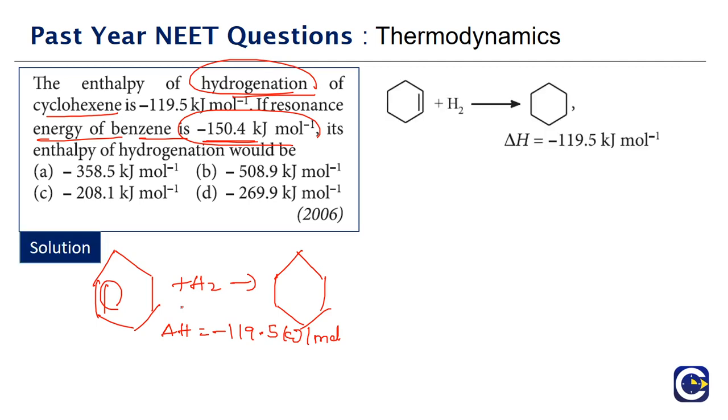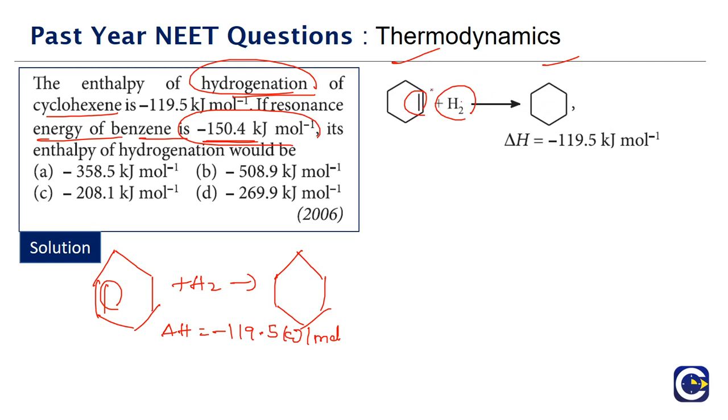So first, look at the hydrogenation of cyclohexene. When 1 mole of hydrogen is added, it will give us cyclohexane. In terms of the bond energies, on the reactant side we have cyclohexene and hydrogen, and on the product side we have cyclohexane.